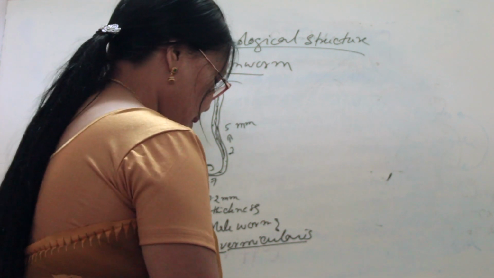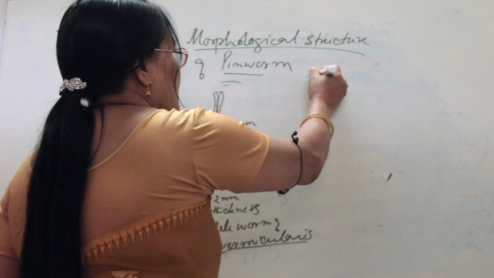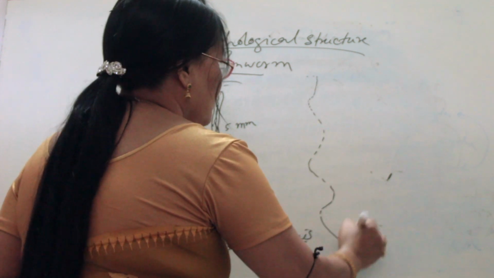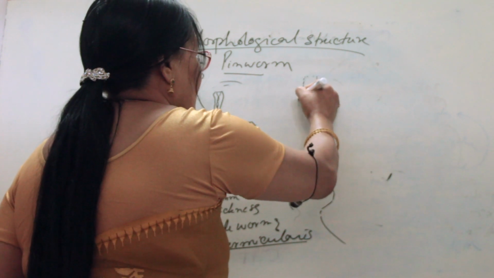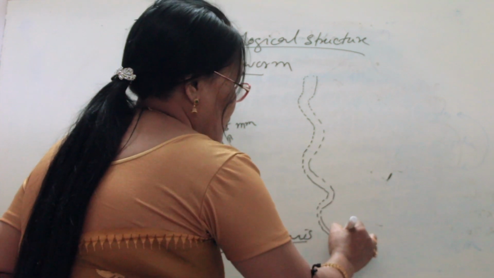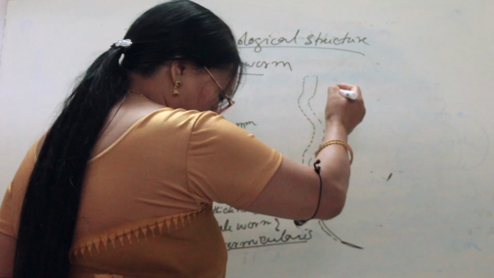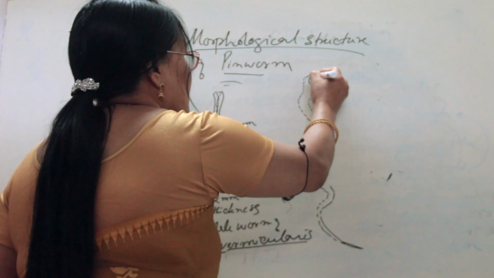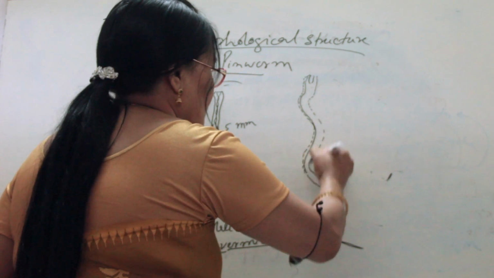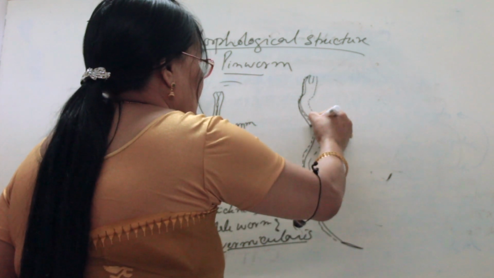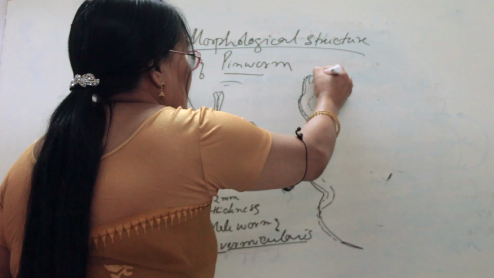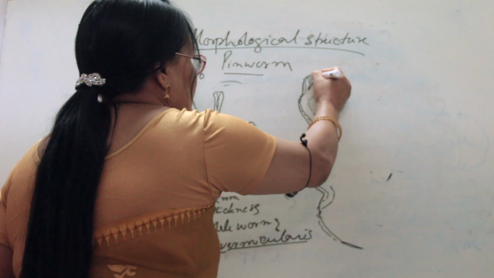The next is the female worm. This is the female worm, and I would like to draw some internal structures here.